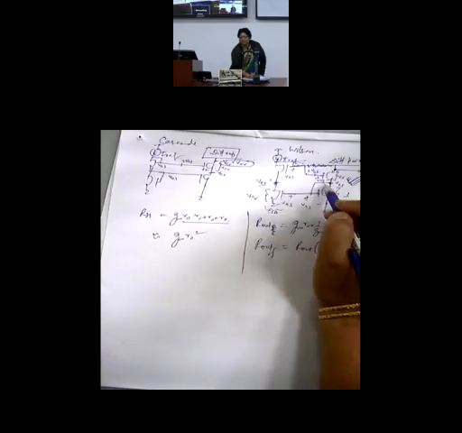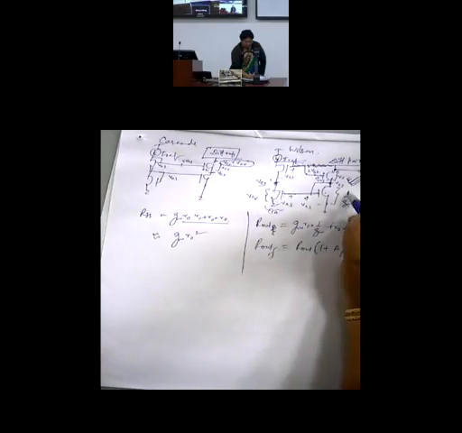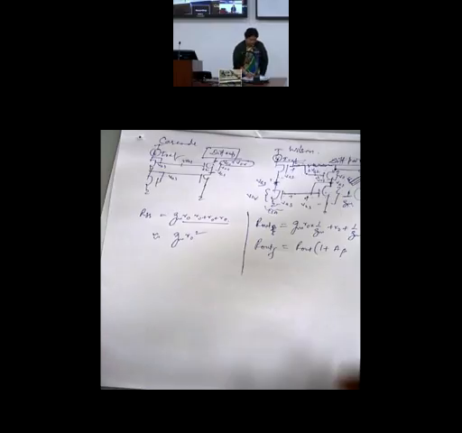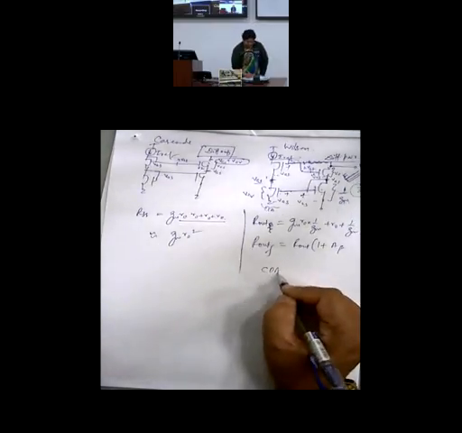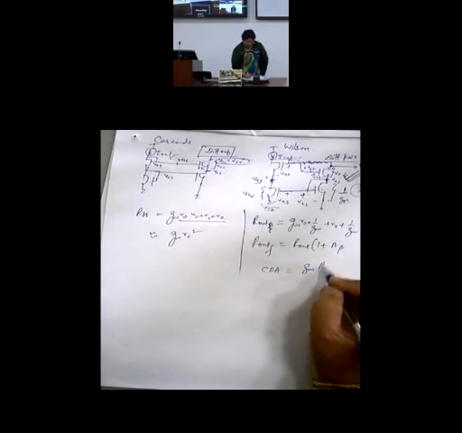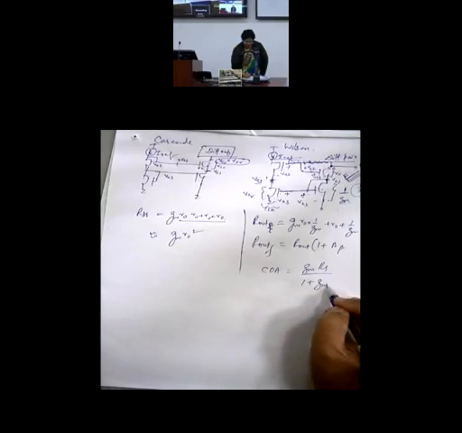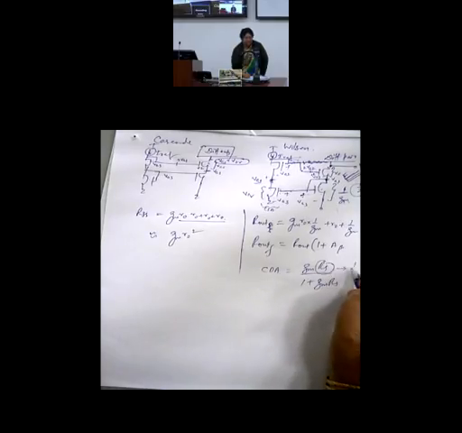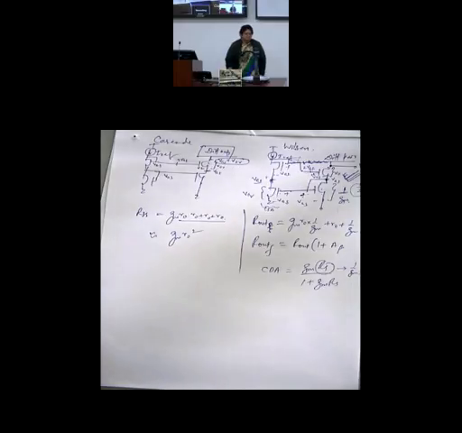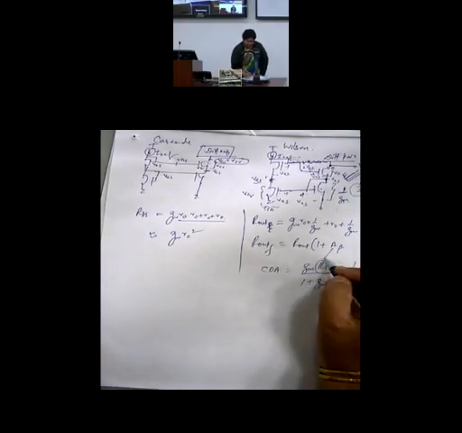So it is a common drain application. What is the gain of this? Gain of a common drain amplifier is GM into RS by 1 plus GM RS. RS here is 1 by GM. So A is this.